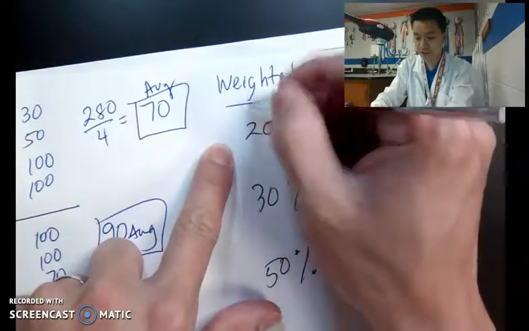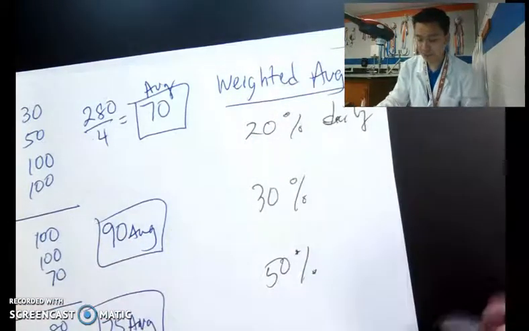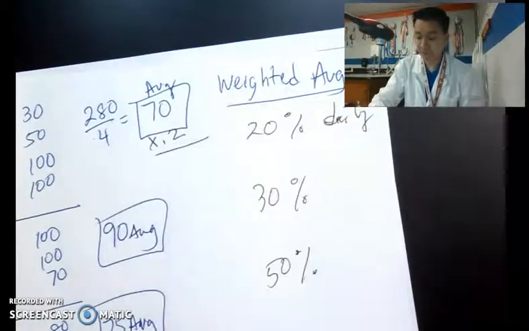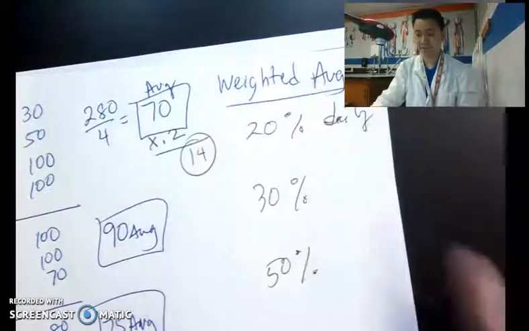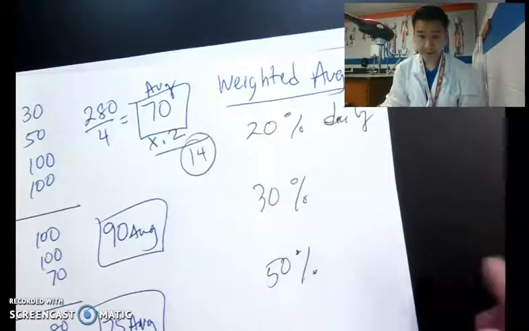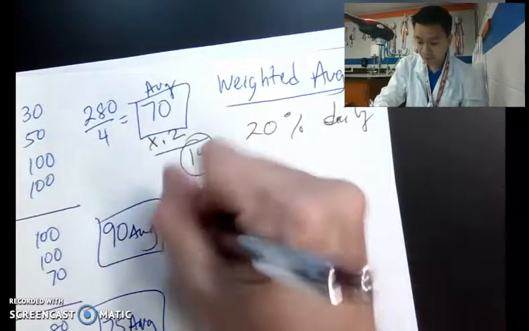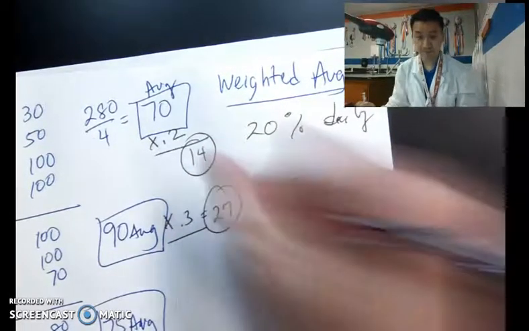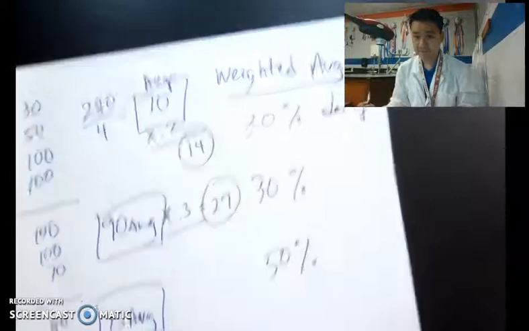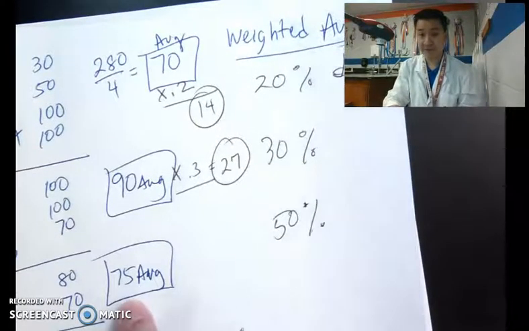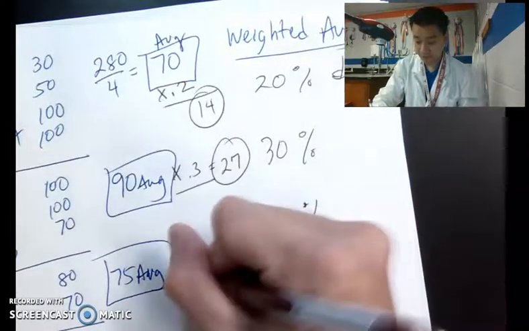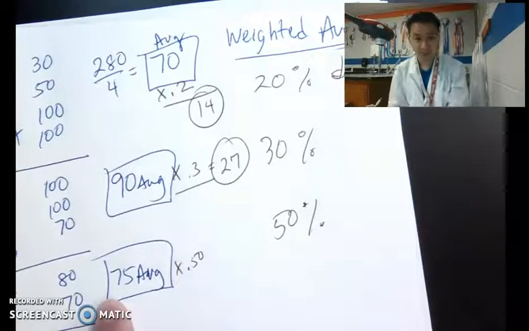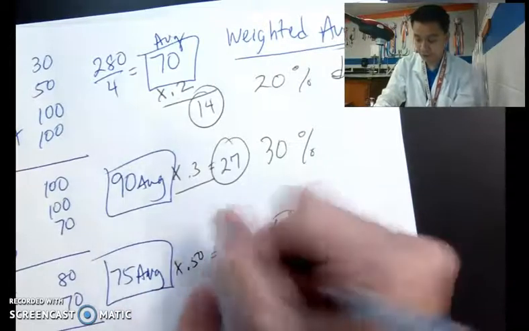So change the weighted percent to a decimal. 70 times 0.2 will give you 14 points out of 20. 90 times 0.3 will get you 27. 75 times 0.5 will give you 37.5.